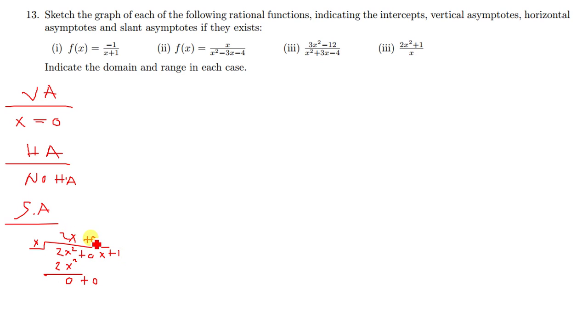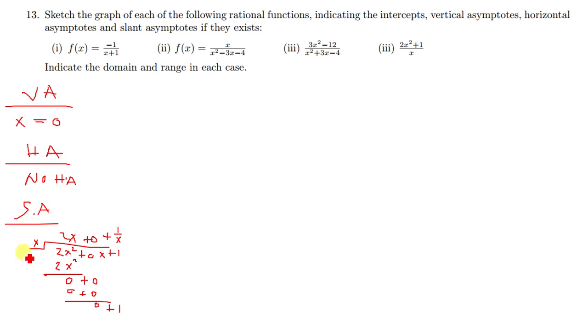When you multiply there, you have zeros again. When you subtract, you still have 0. Then when you bring down this 1, x into 1 is 1 over x.